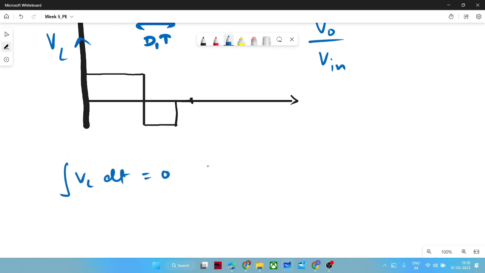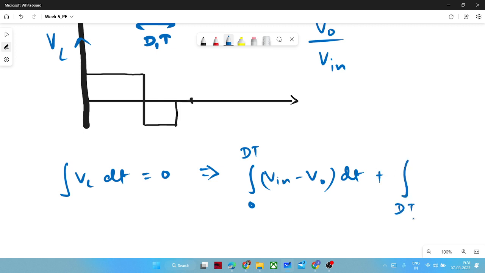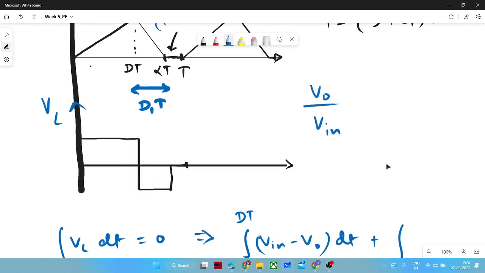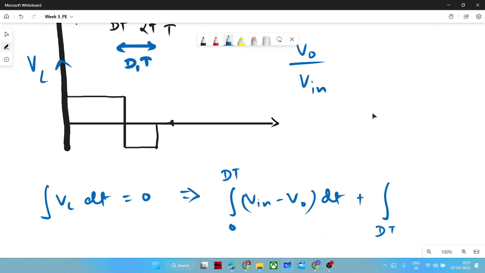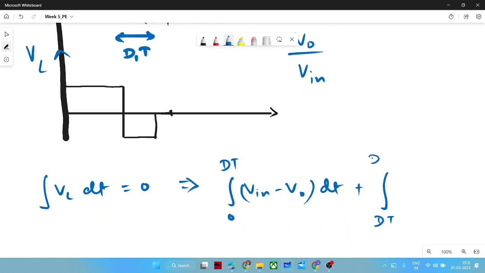The integral of VL dt is zero. That implies from zero to dT, you have VL as V in minus V naught, times dT, plus from dT to (d plus d1)T, that is minus V naught times d1T.